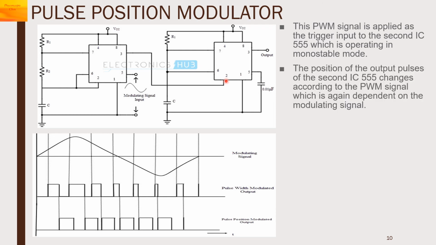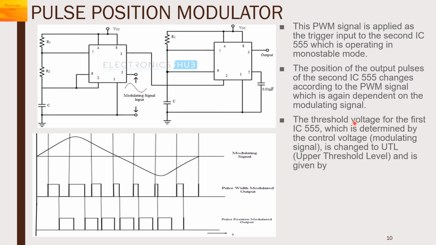The position of the output pulses of the second IC changes according to the pulse width modulated signal, which is again dependent on the modulating signal. Threshold voltage for the first IC, which is determined by the control voltage, that is the modulating signal, is changed to UTL, the upper threshold level, and is given by 2/3 of VCC plus V mod.